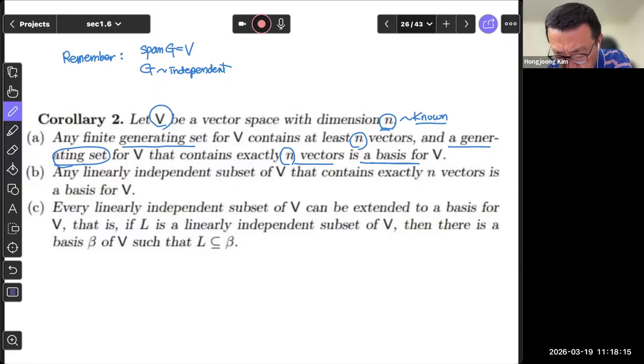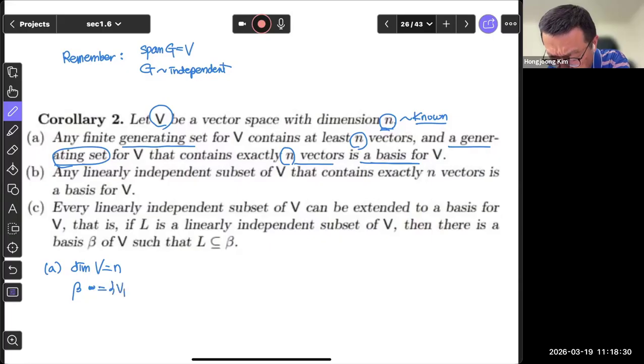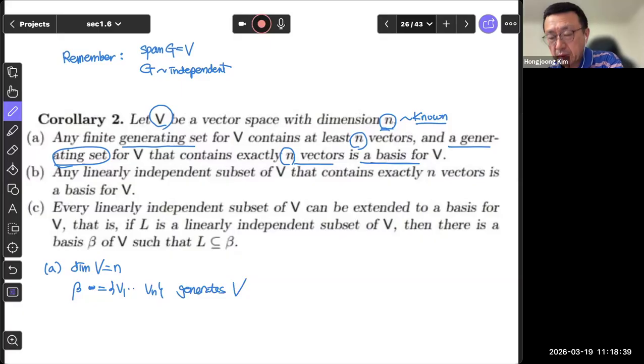So part A says the dimension of V is n, and beta with n vectors generates this V space. Then the statement A says we can derive two facts.